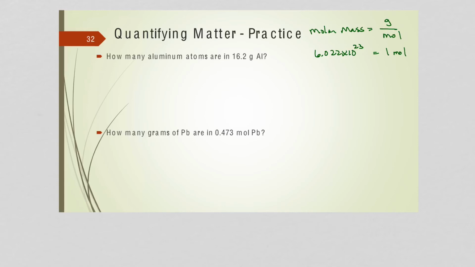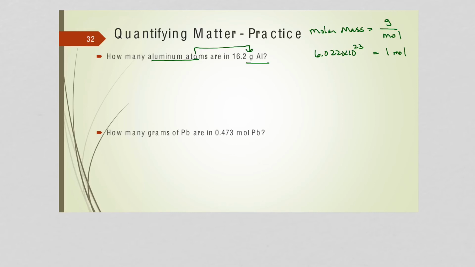So let's look at our first problem here. We want to figure out how many aluminum atoms are in 6.2 grams of aluminum. So the first thing to recognize here is that we have no way to get from atoms to grams directly. We have a way to get from atoms to moles and a way to get from grams to moles, but we don't have a way to get directly.